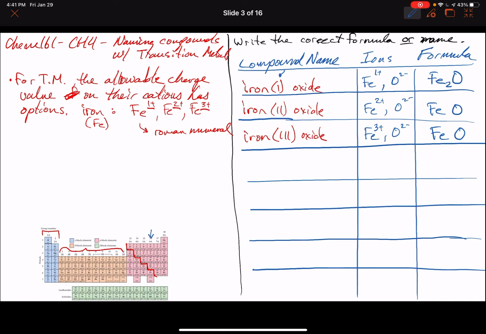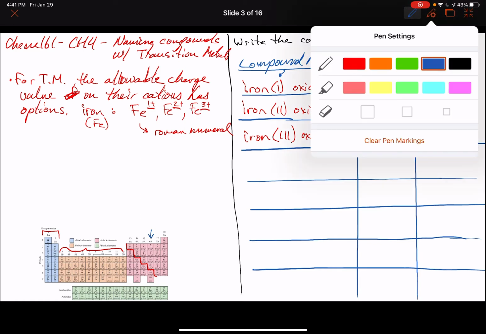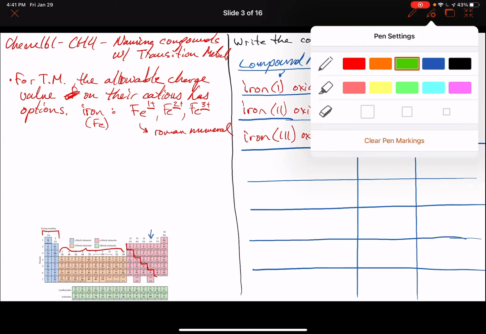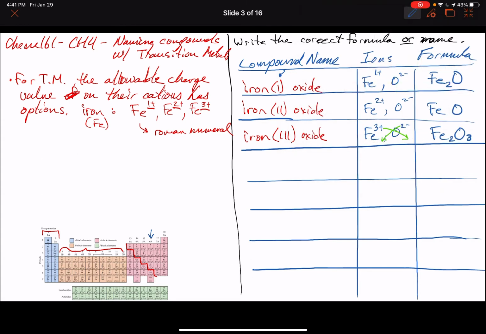So actually the formula as listed, FeO, is complete and correct. In the next option, we see that we will need 2 iron 3+ to balance the overall 6 minus that we get from having 3 oxides present. So our earlier ideas about predicting those values by dropping the charges to the subscript positions to create the formula work, and there's no need for further simplification because 3 is a prime number. We can't divide it further.